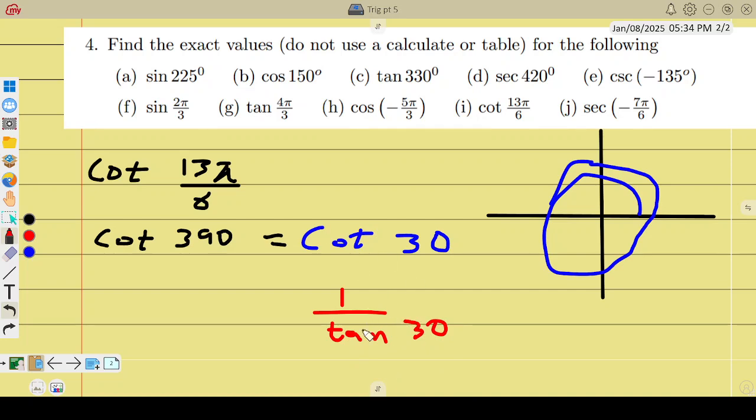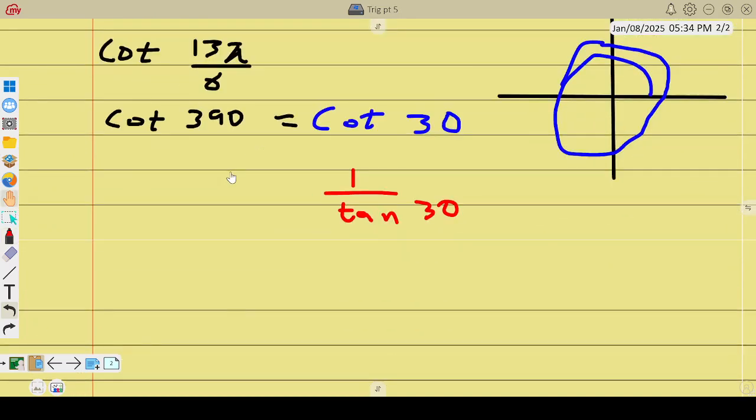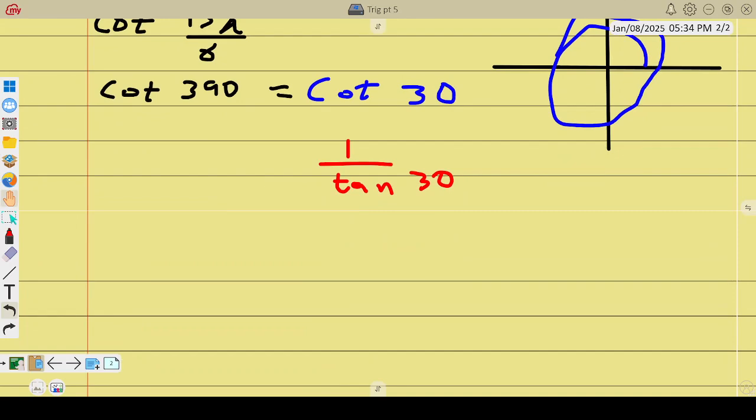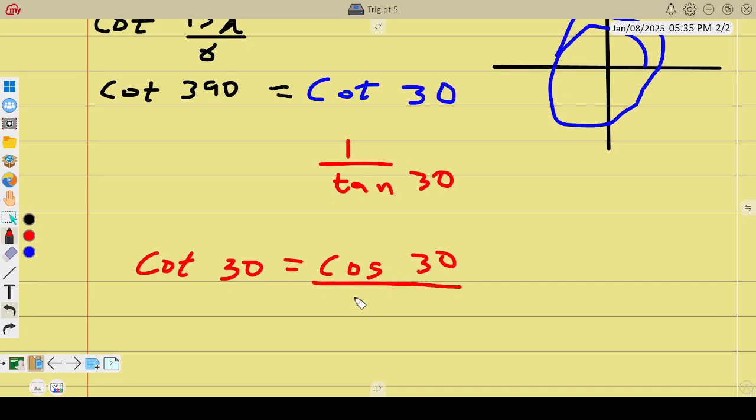Or we have to remember that cot theta, so if you have cot 30, it is the same as writing cos 30 over sin 30.